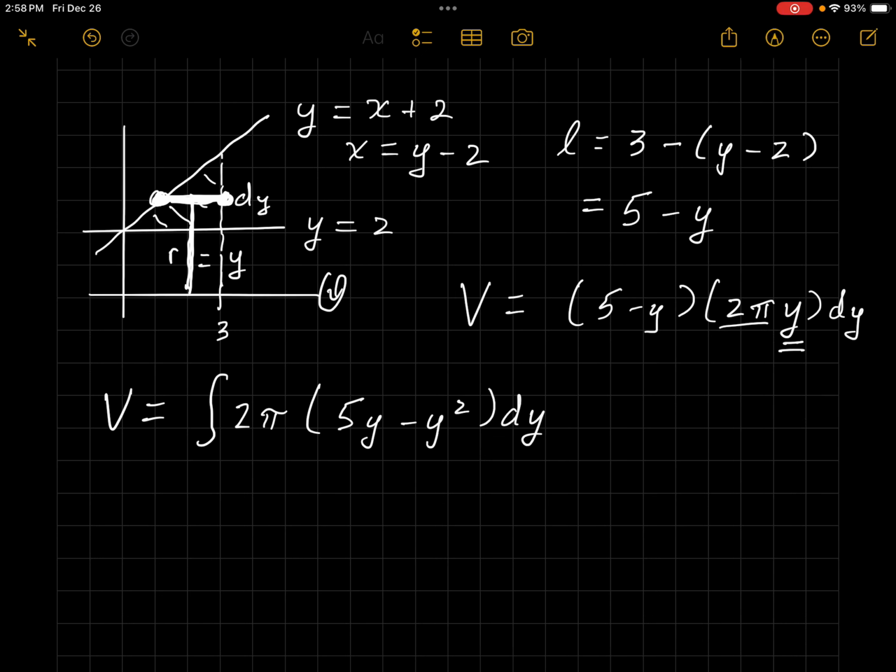And then I need my limits. Well, my lower limit, I start making these cylindrical shells right at y equals 2. And I'm going to stop making them up here, right about there, when x equals 3 or y equals 5.